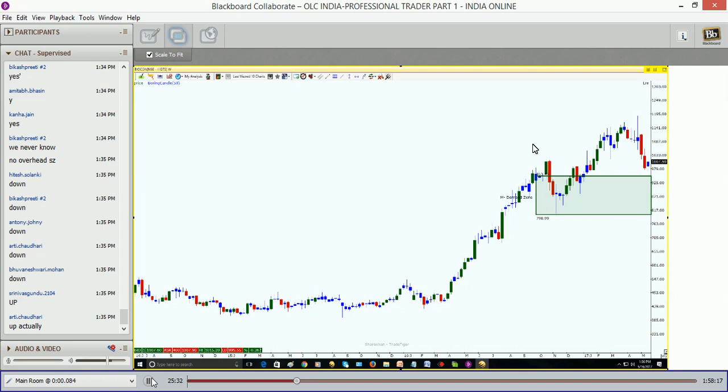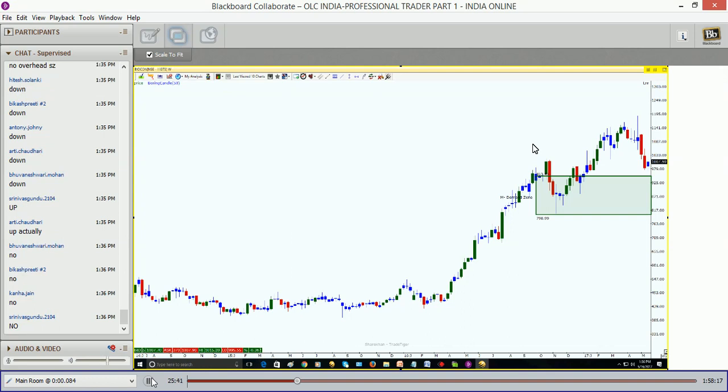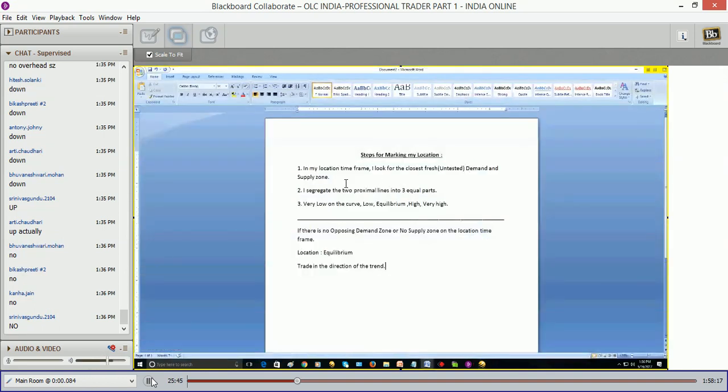Because as we discussed, if you are at the lower end of the curve, you are looking to buy. If you are at the higher end of the curve, you are looking to sell. If we are in equilibrium, we are looking to trade in the direction of the trend. When my trend is up, I will be looking to buy. When my trend is down, I will be looking to sell.